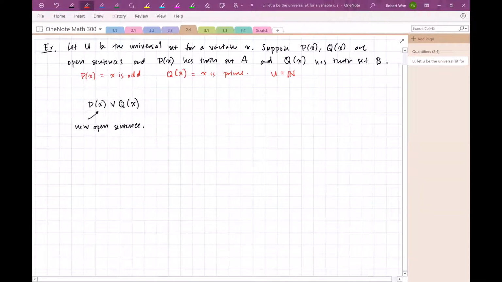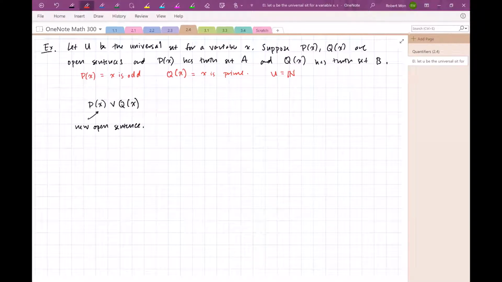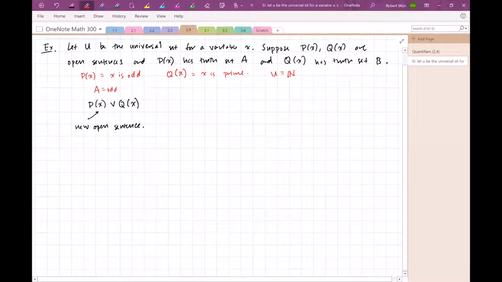Well, what is the truth set for this new open sentence, P of X or Q of X? X is odd or X is prime. Maybe I should say here, A is the odd natural numbers, B is the prime natural numbers.